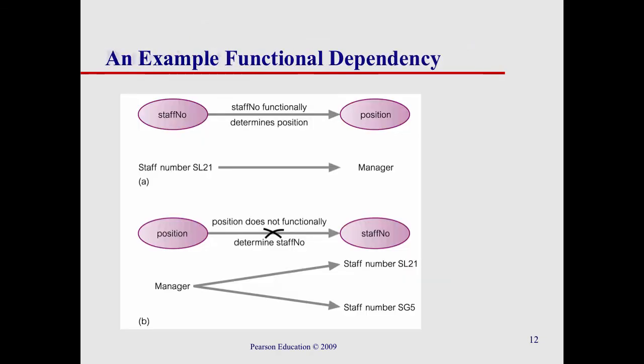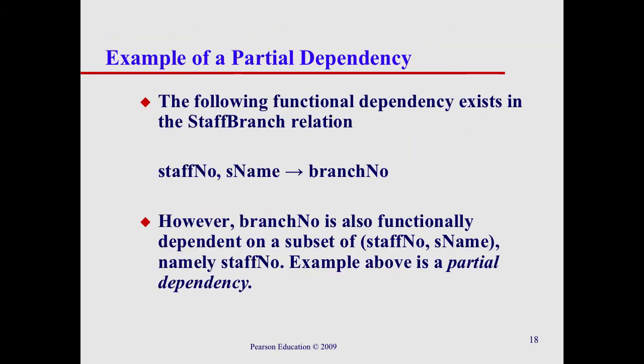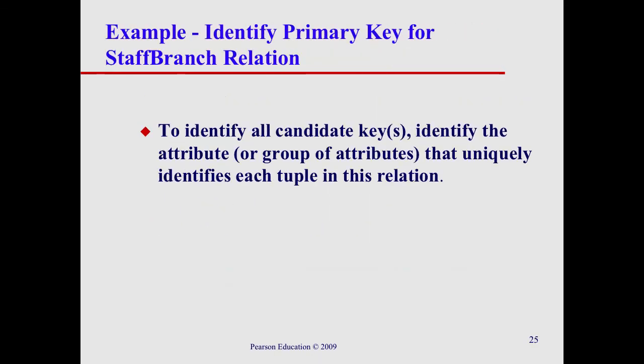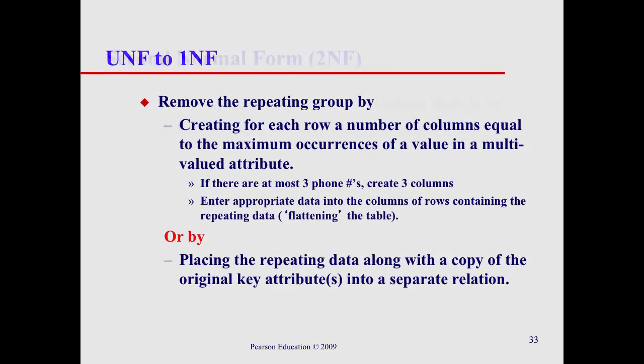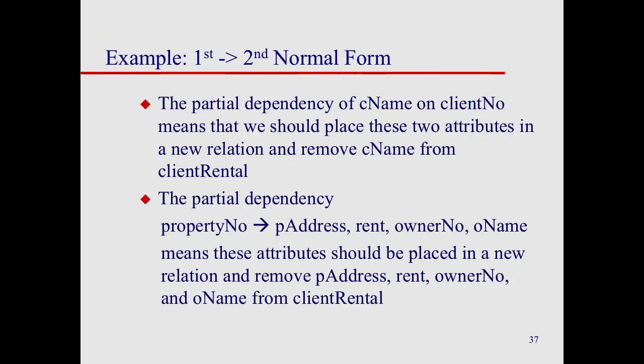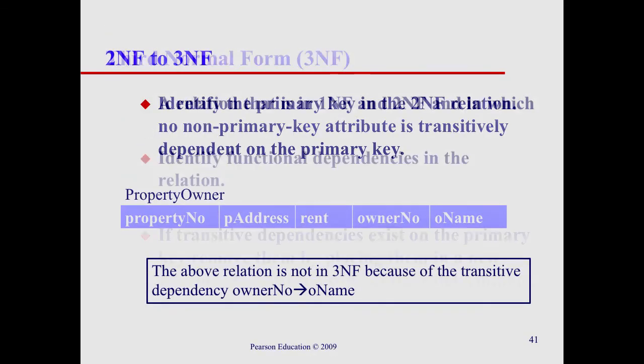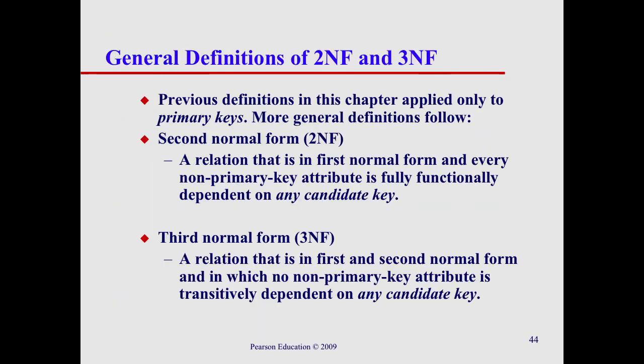Final thing, and I'm not going to dwell on it, but you should know that there is a stronger version of normal forms than we've talked about. And I'm not going to worry about it too much, but we did all of our decomposition using primary keys.